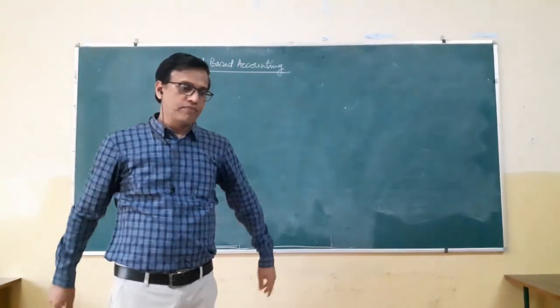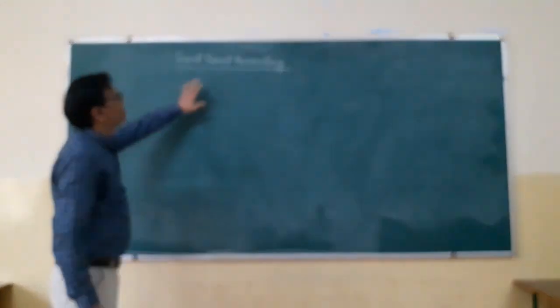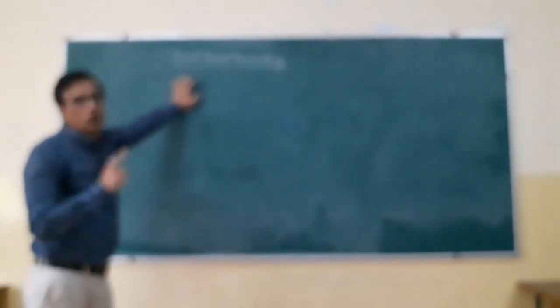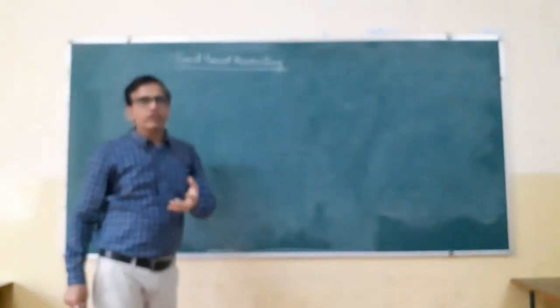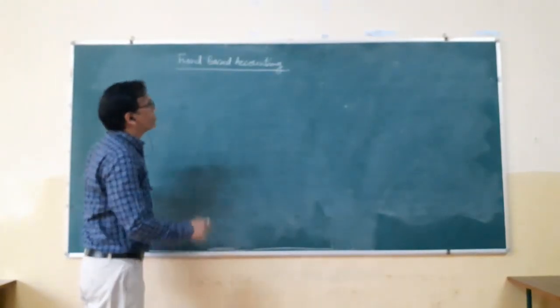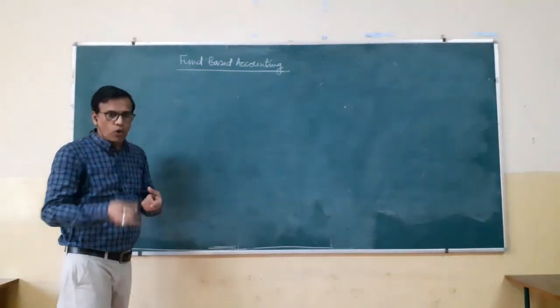First, let me make it clear to you people. Fund-based accounting is followed by not-for-profit organizations. What happens? These organizations, as I told, they are created or they are established for some specific purposes. They have some cause.